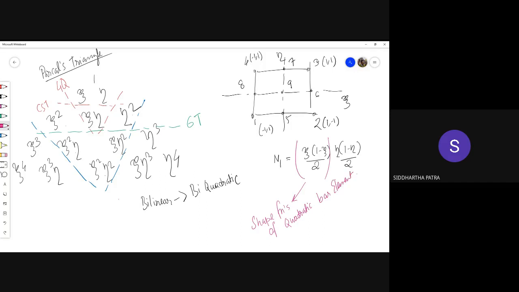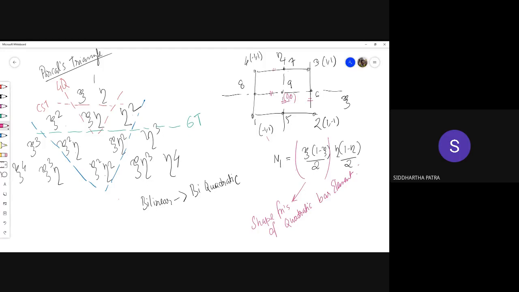If you would also like to use the previous approach, then you need to think that shape function 1 should be 0 on this line and this line, that means xi equals 0 and xi equals 1, and it should also be 0 on eta equals 0 and eta equals 1.